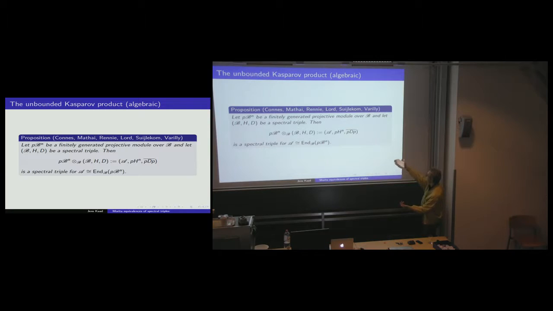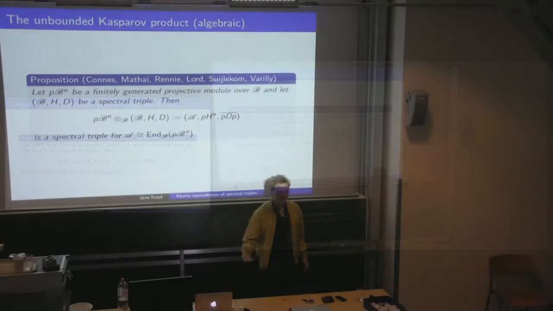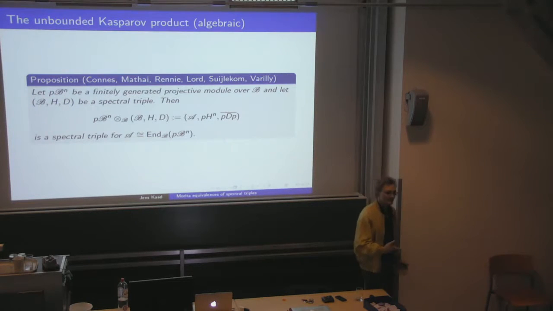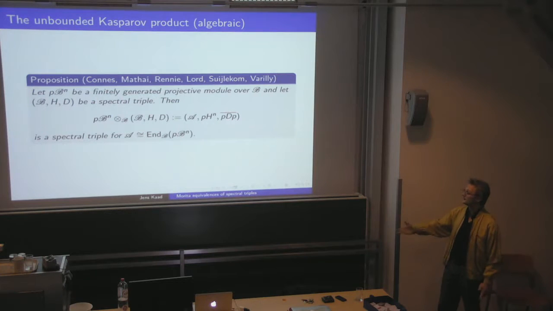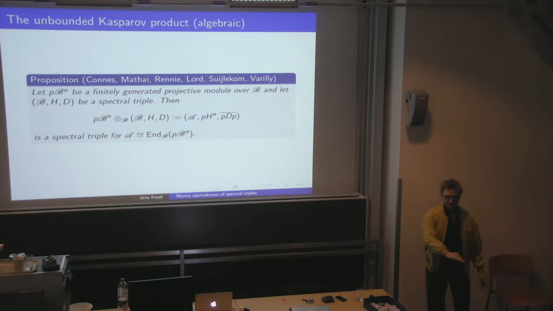Fine. And I can also cut down my Dirac operator by this orthogonal projection. And then I have to take the closure. I get a new self-adjoint unbounded operator. And the statement is that this is, again, a spectral triple, and a spectral triple for the algebra A. And this is the map that implements this bijective correspondence between the spectral triples over B and the spectral triples over A, when A and B are Morita equivalent.